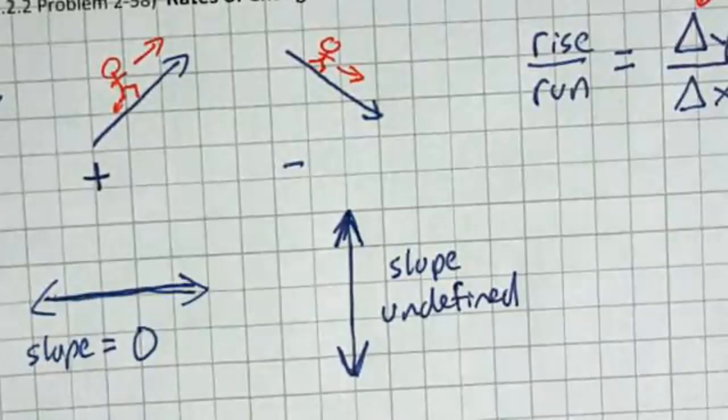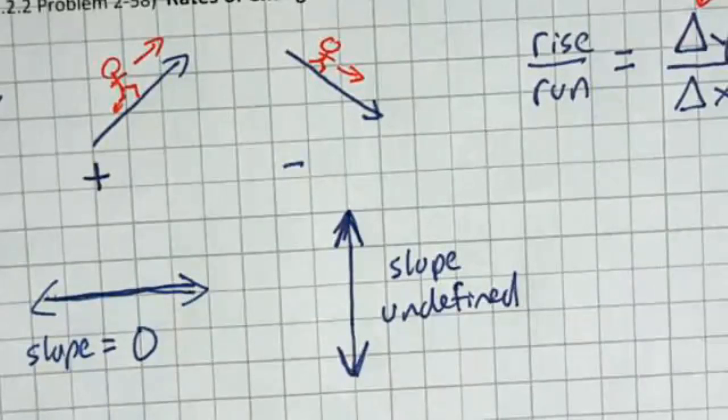Undefined is what we use in math to sweep things under the rug that we don't want to deal with. Have you ever heard that term, sweep something under the rug? Like if you're cleaning up, why would you sweep something under the rug? You should pick it up and clean it up. You sweep something under the rug if you just don't want to deal with it.